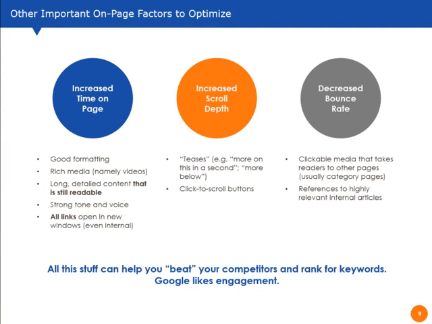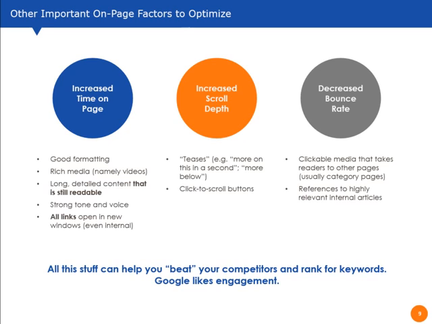Some other important on-page factors to optimize for, these are things that can improve the time on page, that can increase scroll depth, and decrease your bounce rate. For time on site, you want to make sure you have good formatting, make it very easy to read. This might mean using a larger font, using a darker color, using black on white is usually a good way to go.